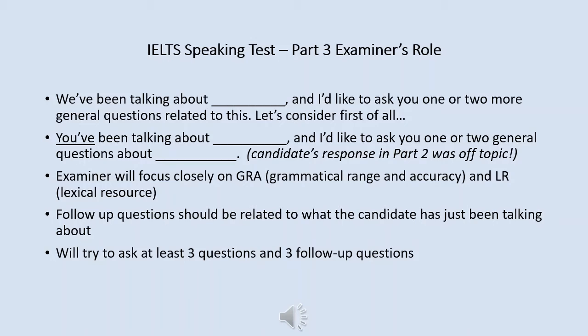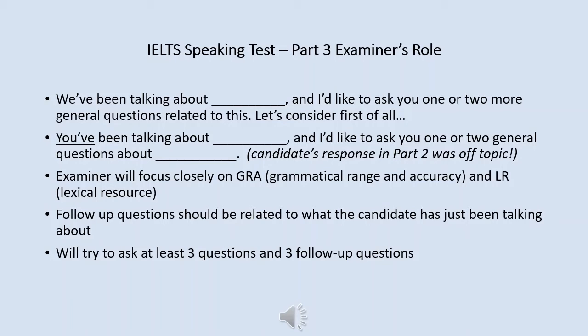However, if the examiner says, you've been talking about Kobe Bryant, and I'd like to ask you 1 or 2 more general questions about, I don't know, a house you'd like to live in, that means that your response was off topic, and the examiner does this to tell you that you're off topic and try to bring you back on topic for the part 3.